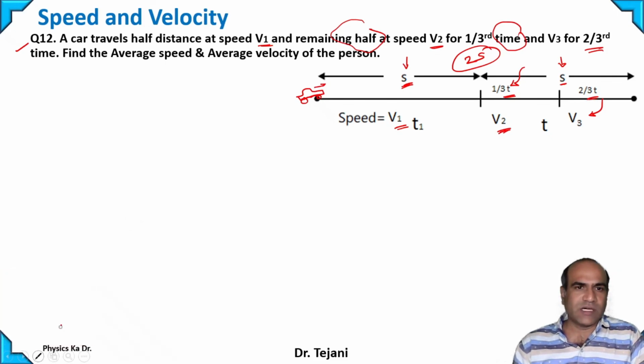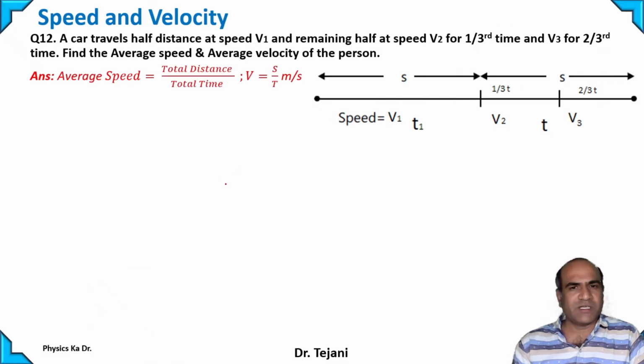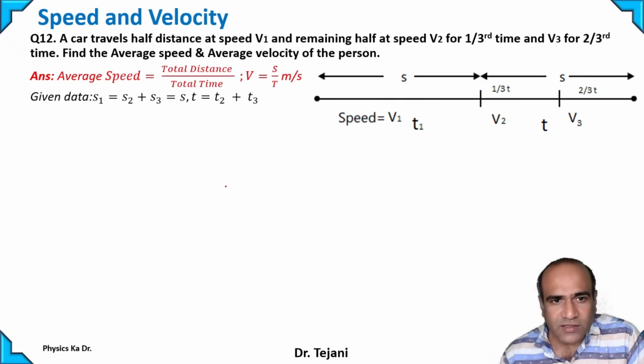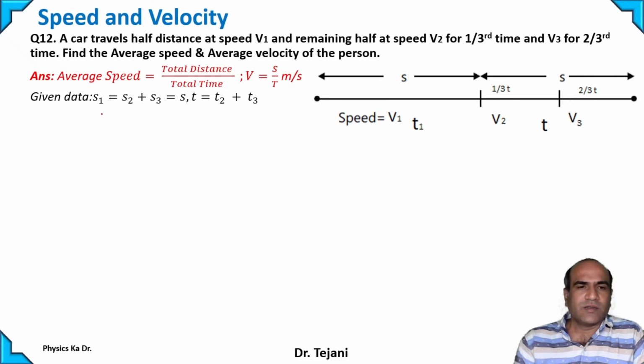If the person is traveling in the same direction, speed and velocity are both equal. The distances are s1, s2 and s3, and half the distance is taken on each side, so s1 is equal to s2 plus s3.